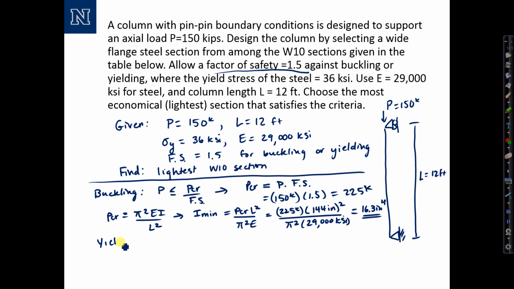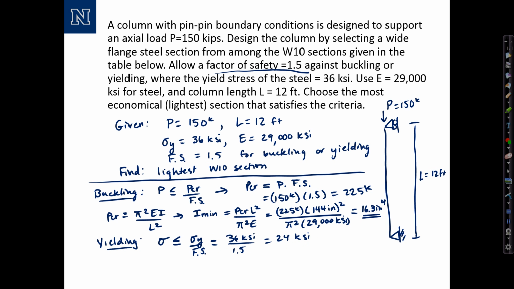Next, look at my yielding criteria. The yielding criteria is the actual stress, sigma, that results in the column from the axial force. Sigma has to be less than or equal to sigma y, the yield stress, divided by the factor of safety. Sigma y is 36 ksi, divided by the factor of safety of 1.5. This is 24 ksi. So sigma has to be less than or equal to 24 ksi.